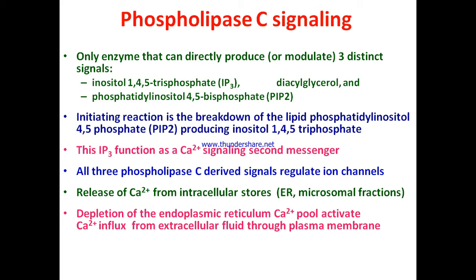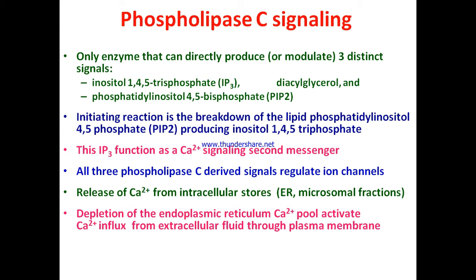In this phospholipase C signaling, the initiating reaction is the breakdown of the lipid phosphatidyl inositol 4,5 bisphosphate, PIP2, producing inositol 1,4,5 triphosphate. PIP2 is converted to IP3. This IP3 functions as a Ca2+ signaling second messenger.